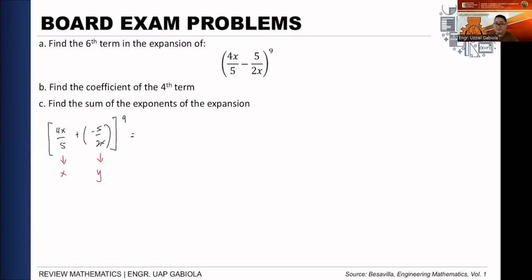And then what is required in the first number is the rth term. So our r will be 6. How much is our n? Okay, 9. And we are looking for the 6th term. Our formula is n factorial.